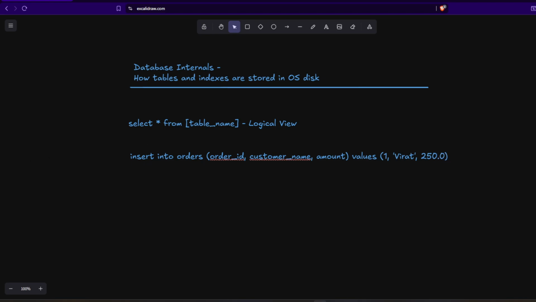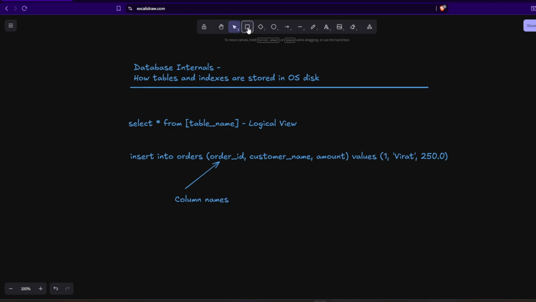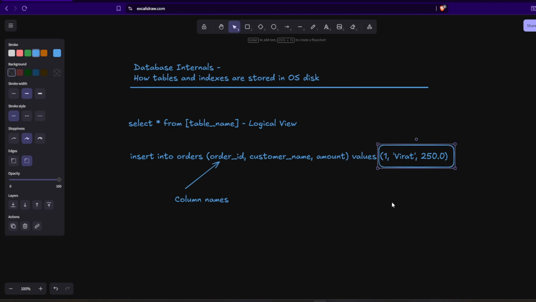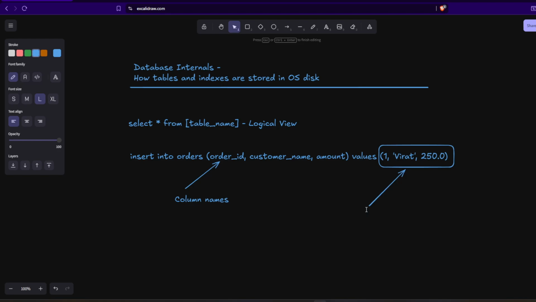Okay, so as database developers, all these things that we are seeing are nothing but column names, right? And this particular data that we see over here is nothing but our row data, right?